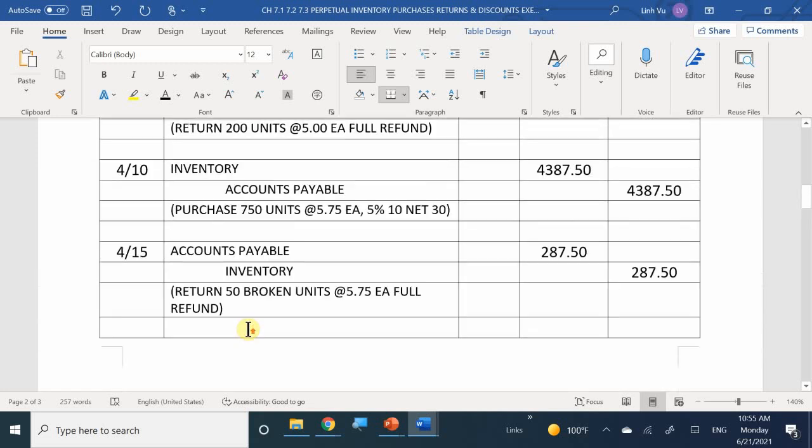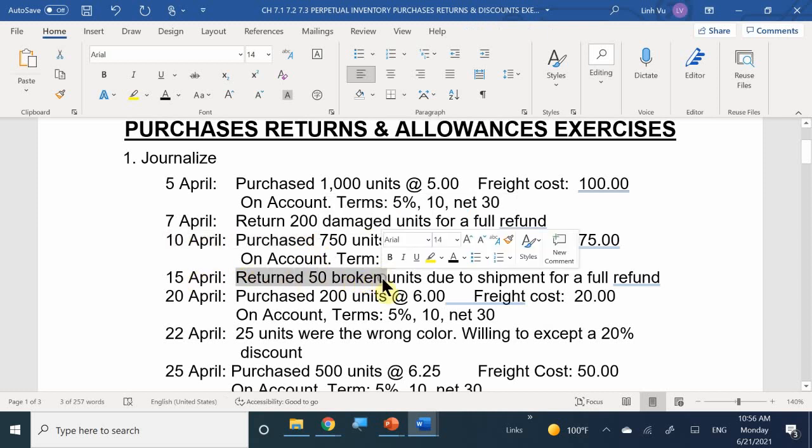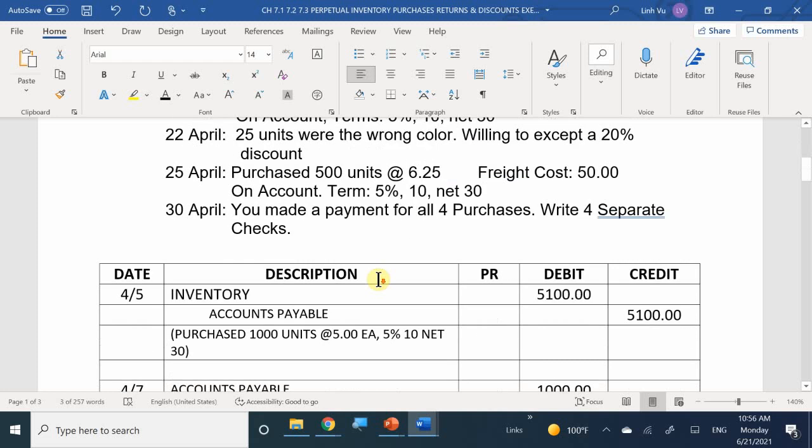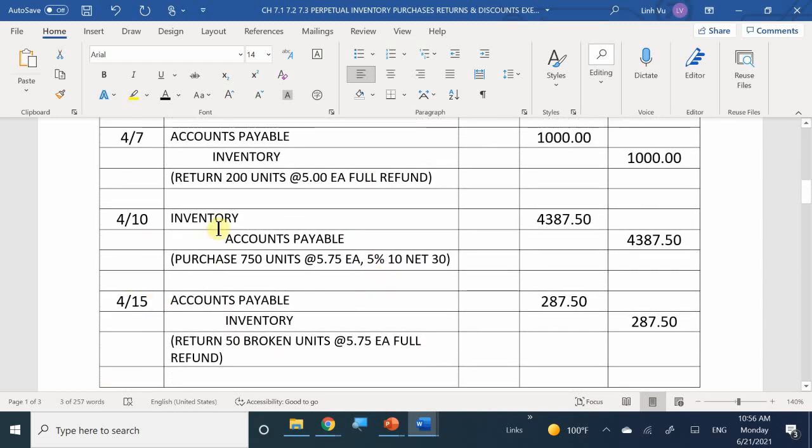So now let's take a look at our second batch of purchases. We purchased something on April 10, but we ended up returning 50 mugs there. For purchasing those 750 mugs, I got $4,387.50. But because we returned 50 of those items, we returned $287.50.